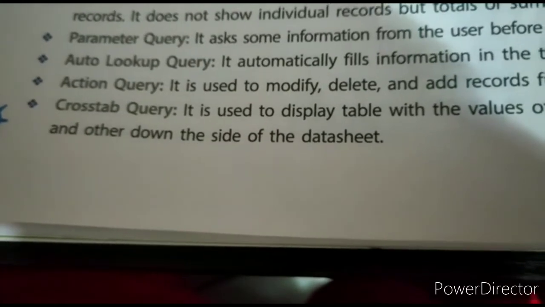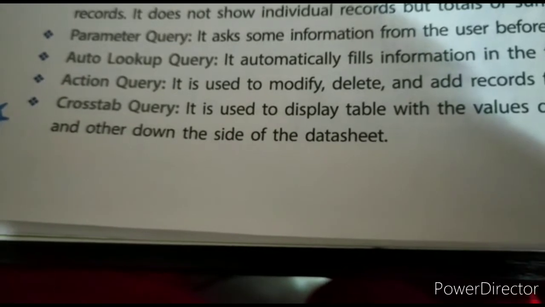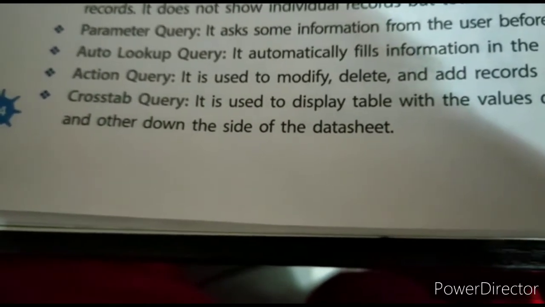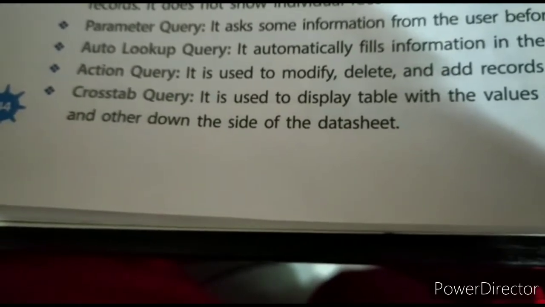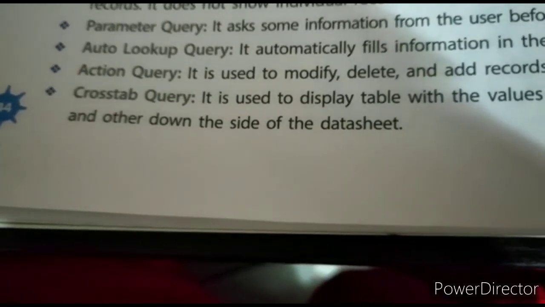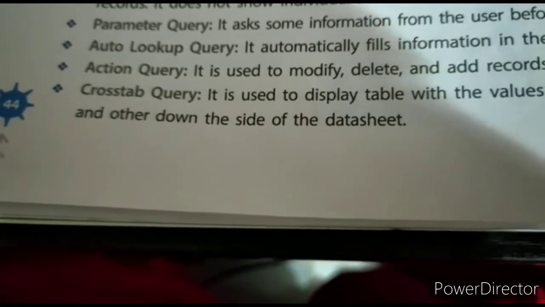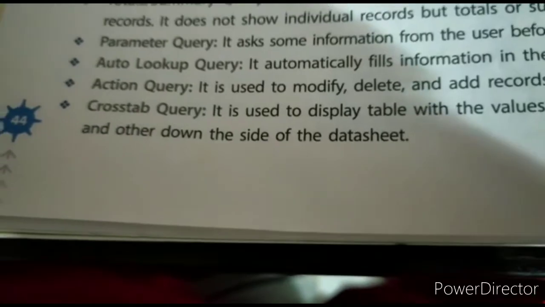For example, if you want the names of only those students who have secured more than 90% marks, then in search you have to mention greater than 90%. Then only those students' names will appear who have got more than 90% marks.